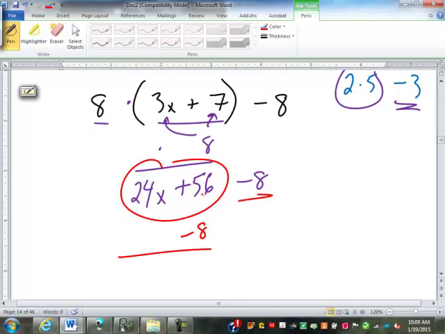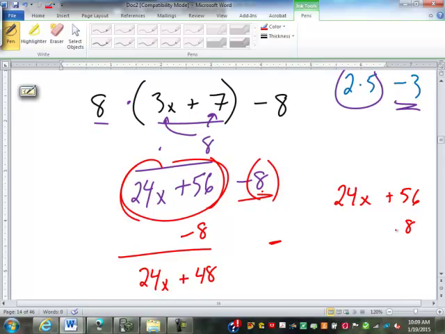Good. So the 24x doesn't change. 56 minus 8 is 48. Remember, you think of this like this: 24x plus 56 minus 8, so 24x plus 56 is the first number. We're subtracting. The 8 has to go under the other one, so the 8 gets subtracted from the 56.